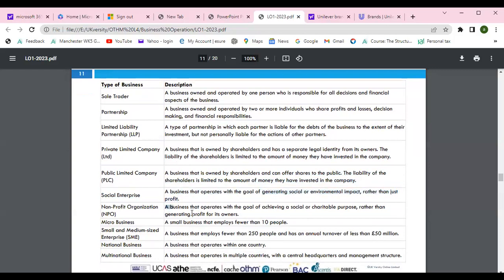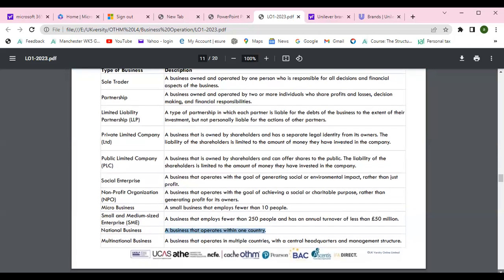NGOs are non-governmental, and the key purpose is welfare as well. Micro means small, 10 people. Macro means SMEs, 10 to 250. Nationalized business is owned by one country, like national gas services, national electricity grid stations. Multinational is many countries.